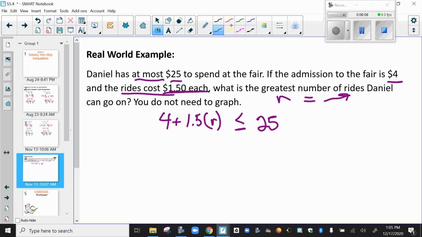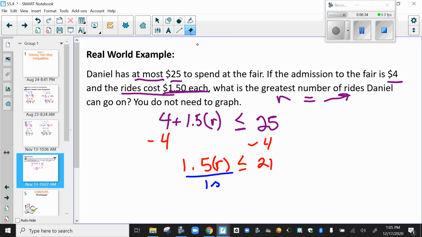All right, so to solve this, I'm going to do minus 4 from both sides. 1.5 times R is less than or equal to 21. Then I'm going to divide both sides by 1.5. 1.5.